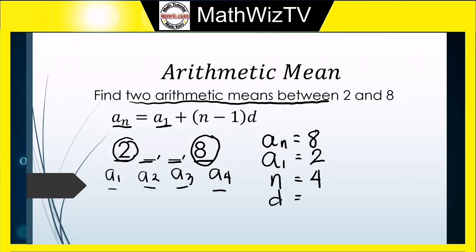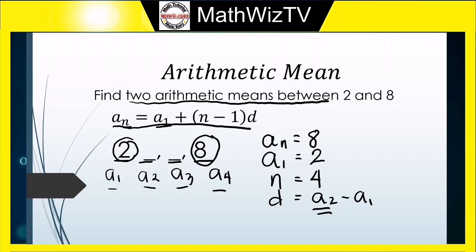To solve for d, we would use a sub 2 minus a sub 1. But in this case, we don't have a sub 2. That's why we need to find the value of d using the same formula: a sub n is equal to a sub 1 plus quantity n minus 1 multiplied by d.